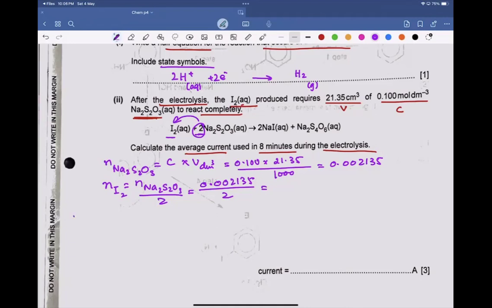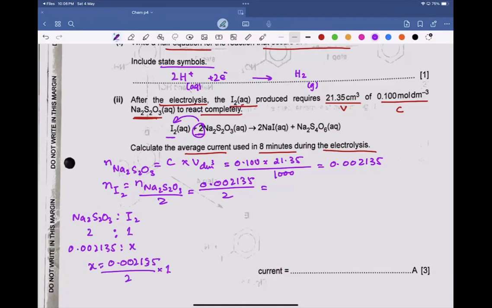Okay, Abdullah. See the ratio. Instead of dividing, you can make the ratio. Sodium thiosulfate and iodine. There are 2 moles of sodium thiosulfate and 1 mole of iodine. So if the moles of sodium thiosulfate are this, then this would be X. Now, see, it's 0.002135 over 2 multiplied by 1.